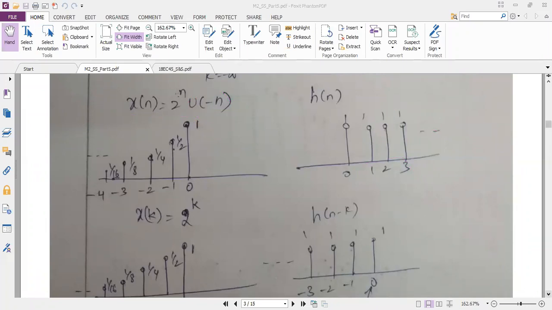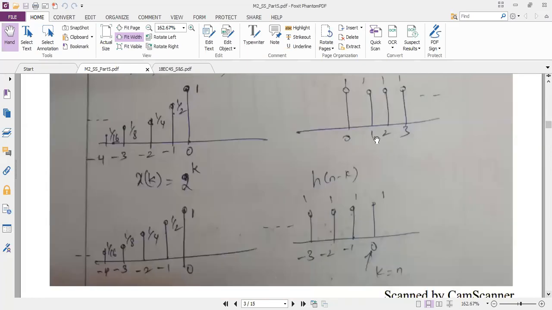So the next step is, my formula is y of n is equal to summation x of k and h of n minus k. Since it is in terms of the k variable, I have to replace. As per the question, my input is in n form, x of n is equal to 2 power n u of minus n.